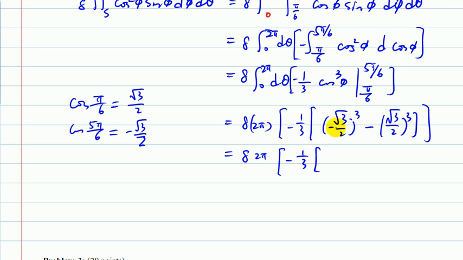What's this? That's 8 at the bottom, and the top is 3 square root of 3, negative, same thing.